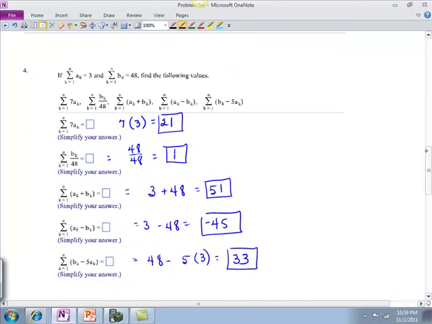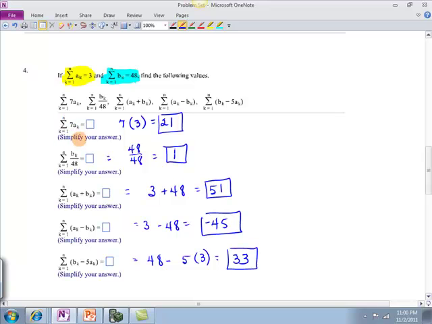All right. Now, these are talking about just some operations, and it's really not bad. You are given this one, okay, and then we're given this one. Okay, so we're saying this one, k equals 1 to n, the function equals 3. K equals 1 to n, this one equals 48.